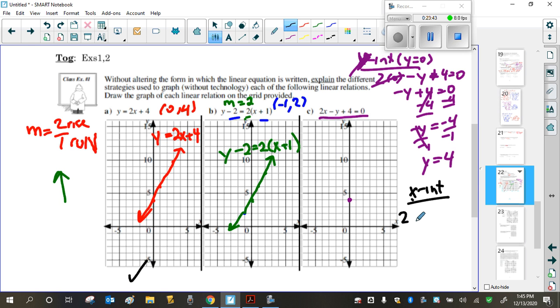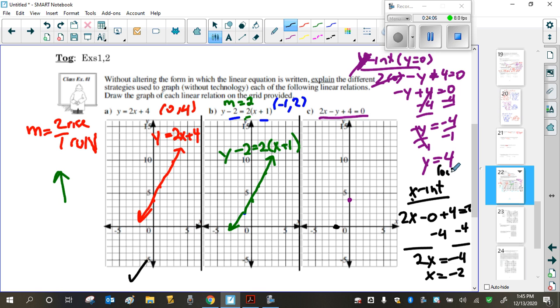is 2 times x, minus 0, plus 4 equals 0. Subtract 4, subtract 4. I get 2x equals -4, divide by 2, divide by 2. And you get x equals -2. And then you just connect those dots.